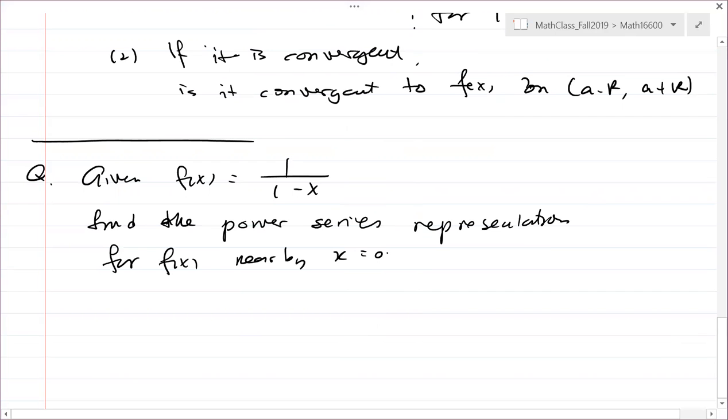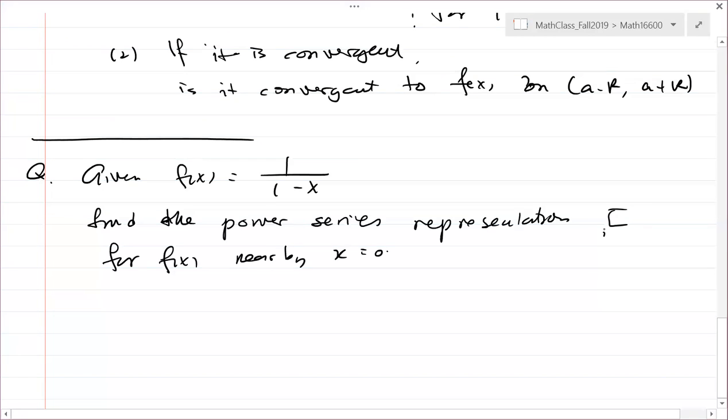So that means the power series should be equal to something like that, right?